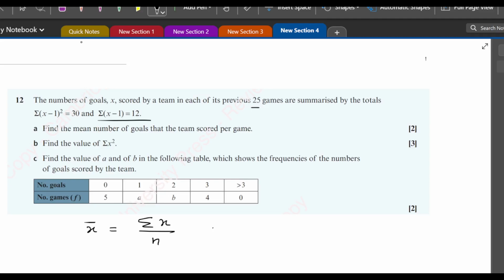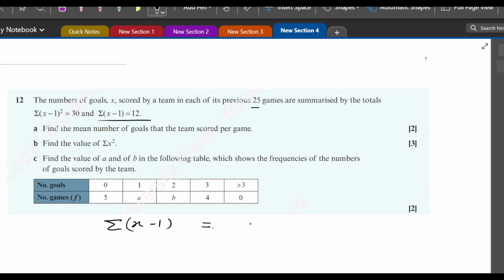Okay. So two different approaches I will explain over here. The first one: summation of (x minus 1).